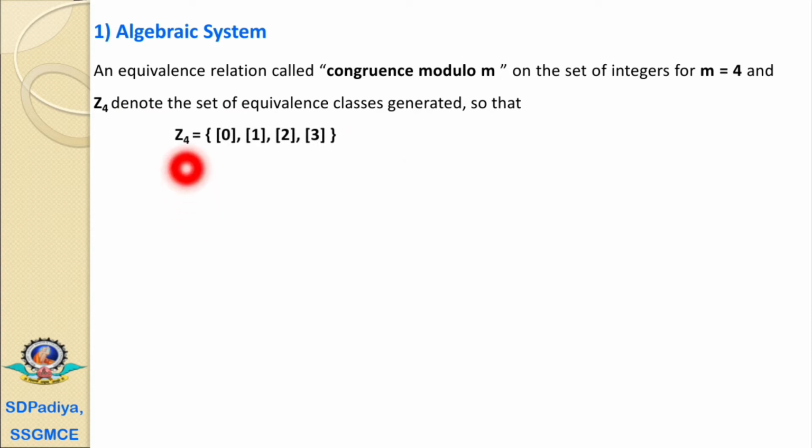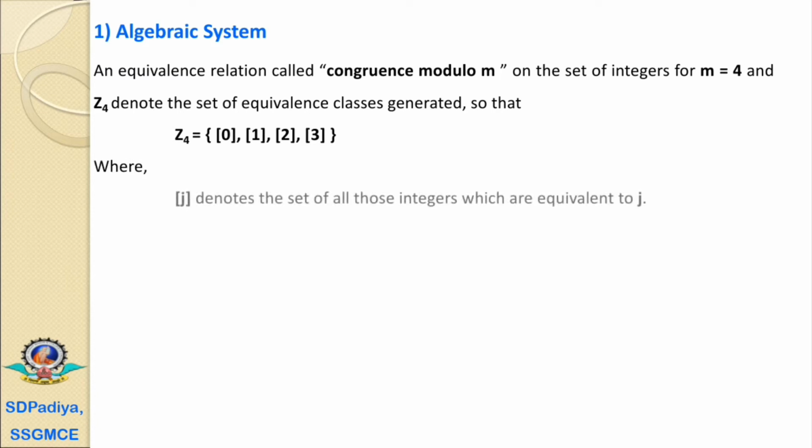Suppose we have the set Z4, that is the set of 4 classes: class 0, class 1, class 2, class 3. The values written in square brackets we read as class, where class J denotes the set of those integers which are equivalent to the value J. Let us define an operation plus 4, the addition, and this value of m is equal to 4, that's why we have written the operation plus 4 on the set Z4.